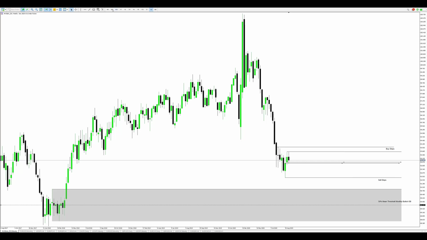I'm just highlighting so that I place my zone. So we are talking of this area here.